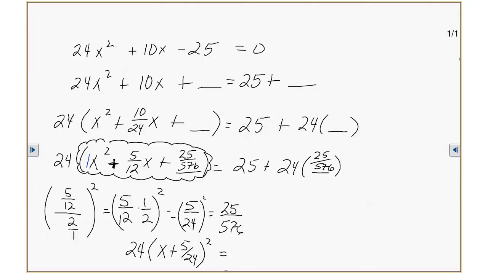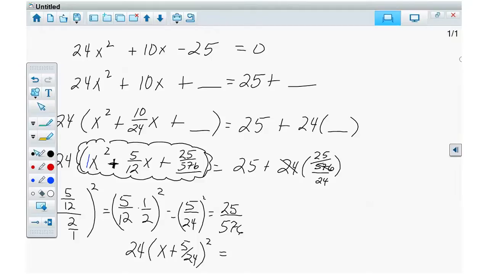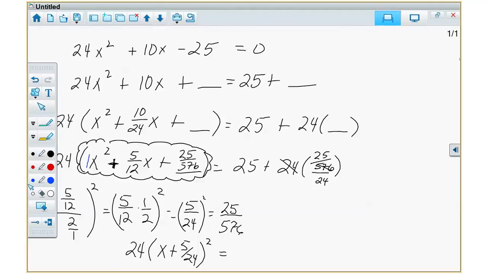Oh, no, there. Okay. All right, 24 times x plus 5 over 24, now we gotta do all that plus over here. But remember, 24 will go into 576 how many times? 24 times, that's right, 24 times 24 is 576, so you should be able to get that. So you can cancel this 24 with this 576, and then we gotta change this into 24, so somebody multiply 25 times 24 right quick. 600 even?